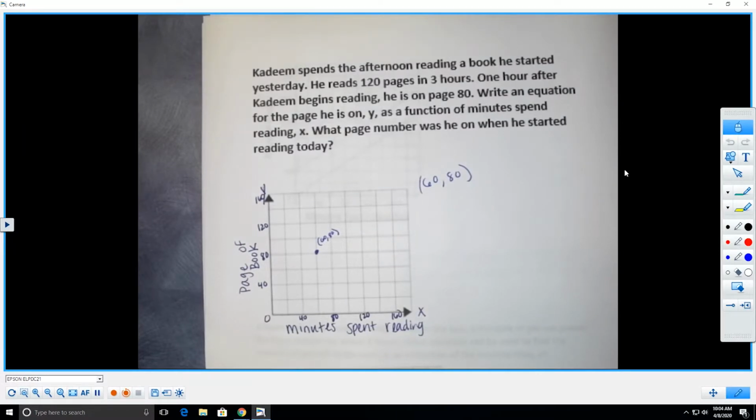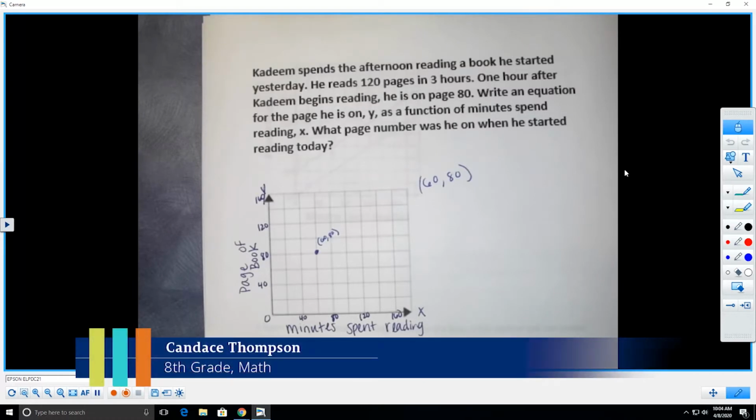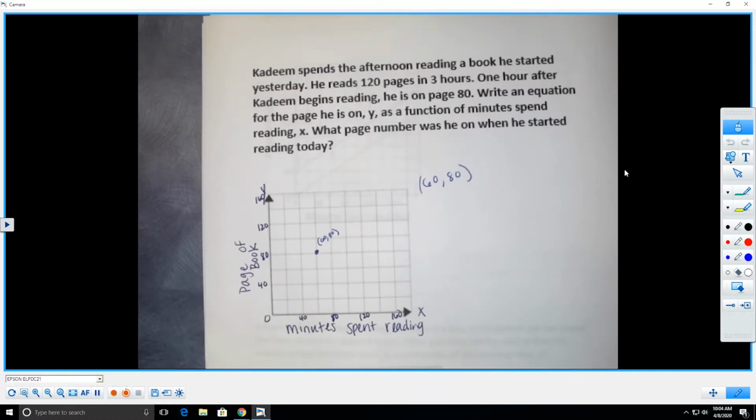From here, you can find the rate of change, which is the slope of the line. If Kadeem started the book at 0 minutes, he would be on page 120 after 180 minutes. How many hours is that, 180 minutes? Did you say 3 hours?